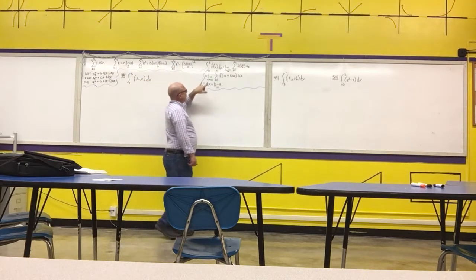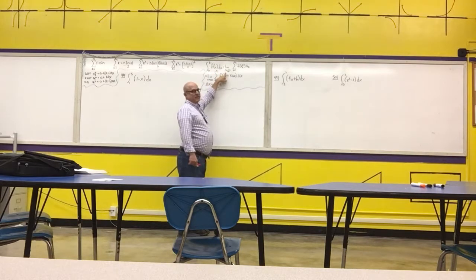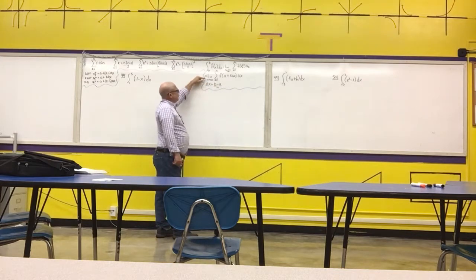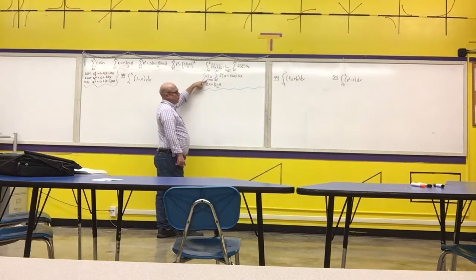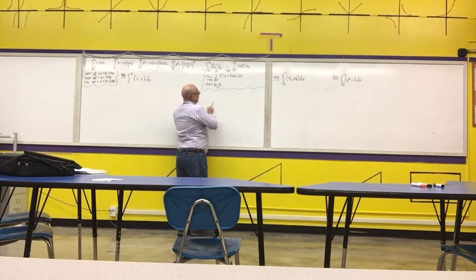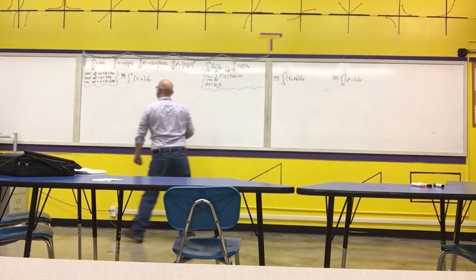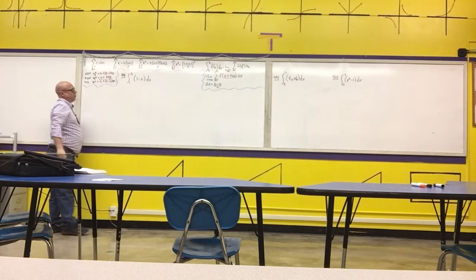The definition of the definite integral from a to b is the limit as the maximum partition size goes to 0 of the sum of f of x sub k star times delta x sub k, which, if the max is going to 0, we can say that the number of partitions is going to infinity. And inside this, I replaced x sub k star with what it is for the right Riemann sum.